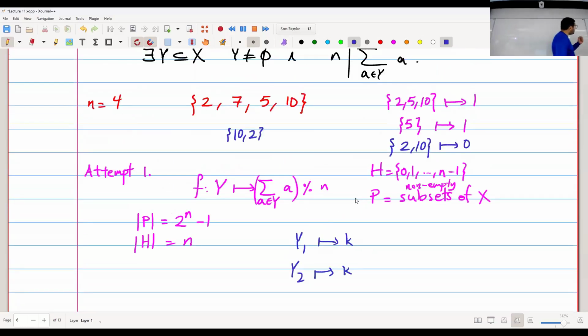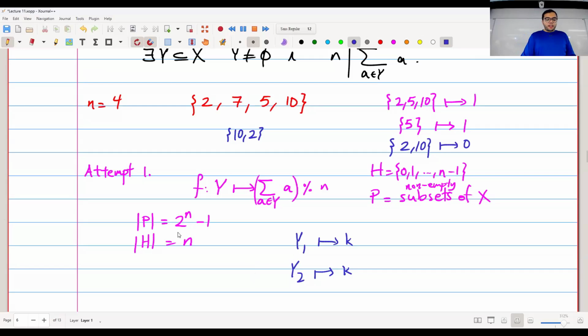If you look at the number of pigeons that I have, I have far too many pigeons. I mean, I just need to have more than n, but I have like 2 to the power of n minus 1 pigeons here. But on the other hand, I know that if I find two subsets y1 and y2 that are mapped to the same number, if one of them is a subset of the other one, I can solve the problem.